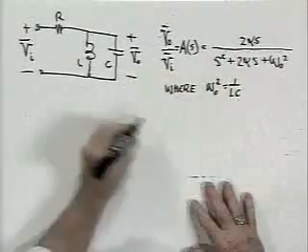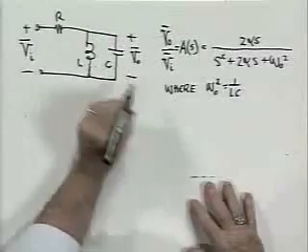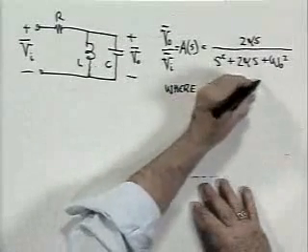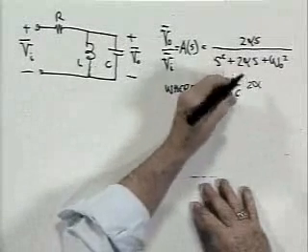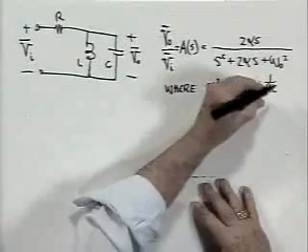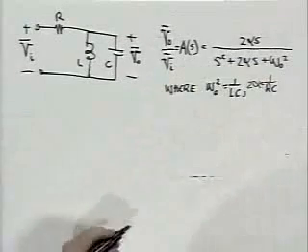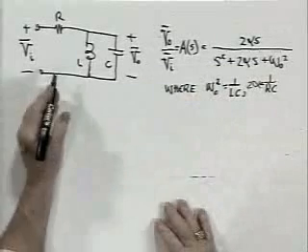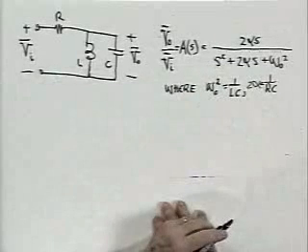In other words, omega naught is the resonant frequency of this parallel LC combination, and 2 alpha is 1 over RC. So this circuit has that transfer function.